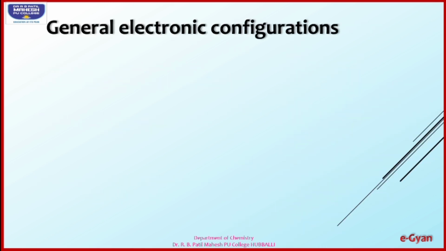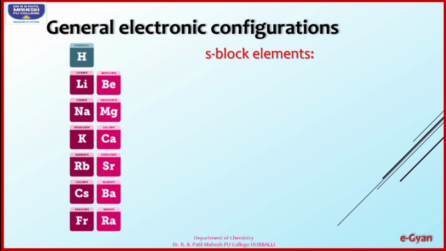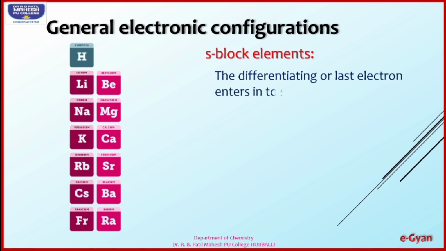We learn the general electronic configuration for s, p, d and f orbitals. S block elements, first group and second group elements are known as s block elements, and the definition for s block elements is the differentiating or the last electron enters into s subshell. The general electronic configuration is ns 1 to 2.